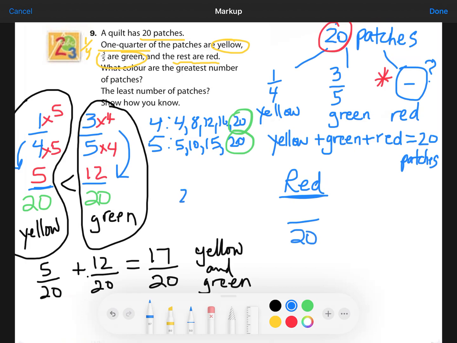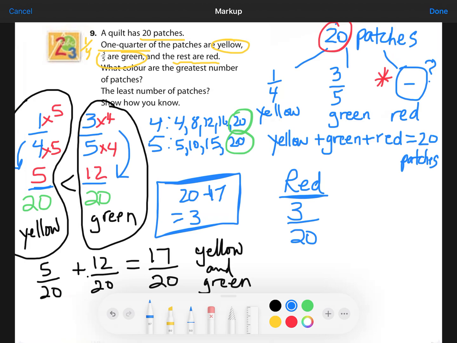Well, it has to be 20 subtract 17. And that's 3. 3 out of 20, I'm going to put this in a box because it's an extra piece of thinking. 3 out of 20 are red.